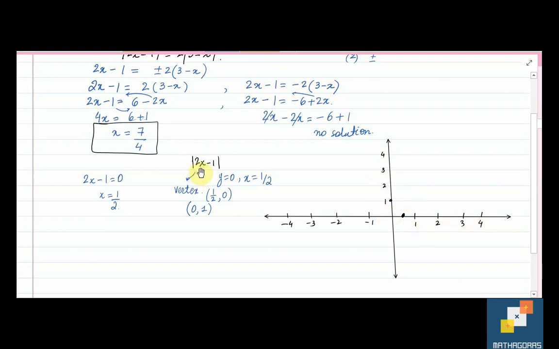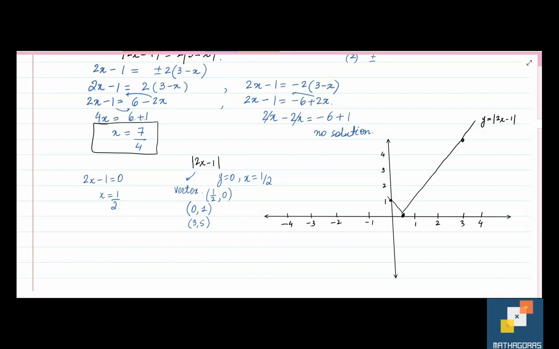Let's suppose x is 3, so 2 times 3 is 6, 6 minus 1 is 5. That means if x is 3, then y is 5. So this point 3 and 5, right? So now our curve is like this, right? So that is the graph of y is equal to modulus of 2x minus 1.